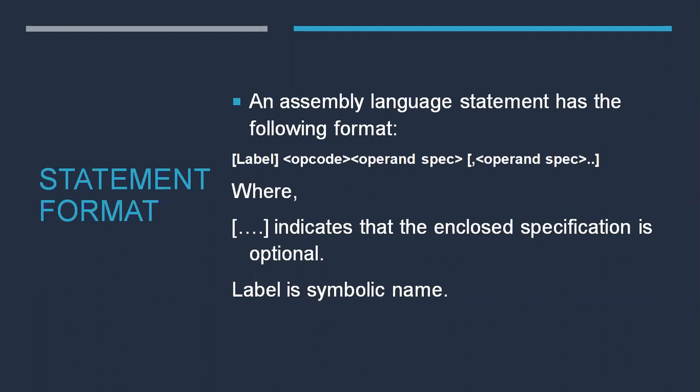One operand specification is compulsory, then a comma, and after that operand specification 2. Here the content in square brackets indicates that the enclosed specification is optional, and label is a symbolic name. So this is how the statement format is in assembly language statements.